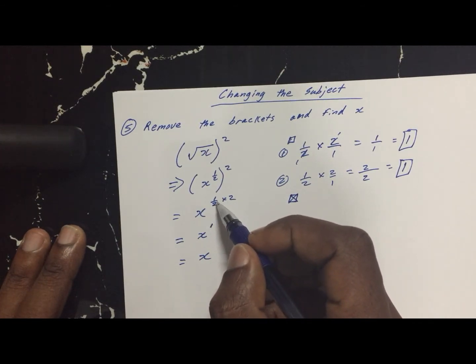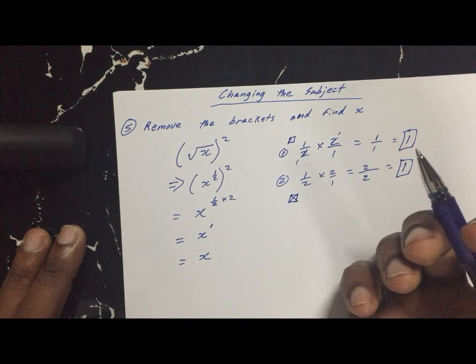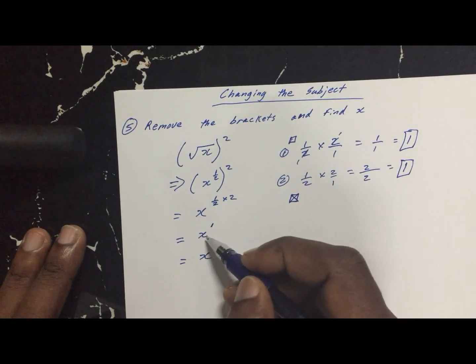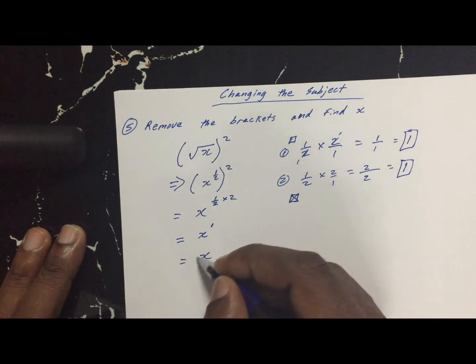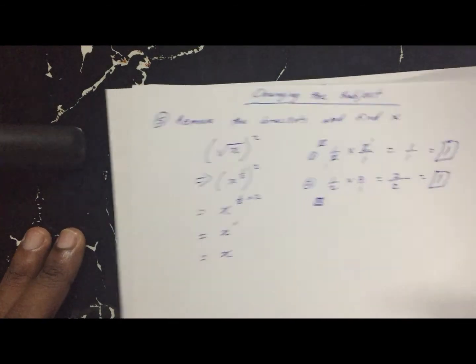In this case, we can see clearly that we have a half times 2, which is 1, because 2 halves is a whole. So 1, and anything to the 1 power can just be rewritten as the base. So there goes number 5.